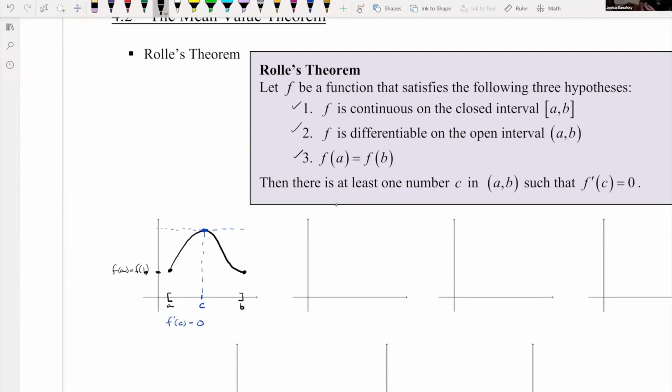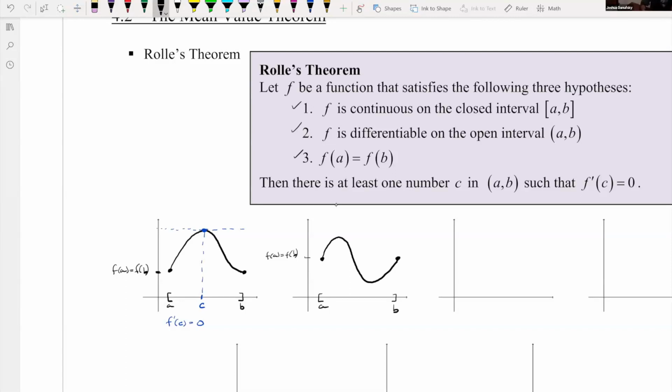So here is another possibility where Rolle's would apply. We have a to b. We have maybe f of a right there, and f of b at the same place. So again, f of a equals f of b. And maybe our graph looks something like this.